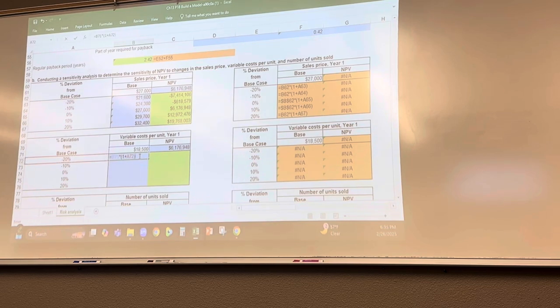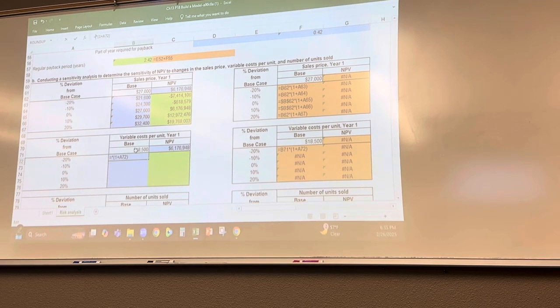This is gonna be my new, now I'm looking at variable costs, right? This is better. This is good if my variable costs go lower, right? This is actually gonna be a positive thing. So let me lock in that cell reference there. So now I've got all these numbers here.